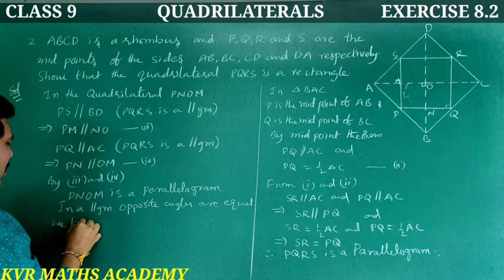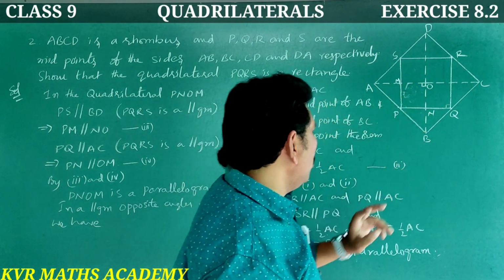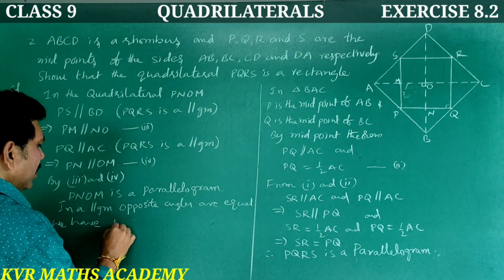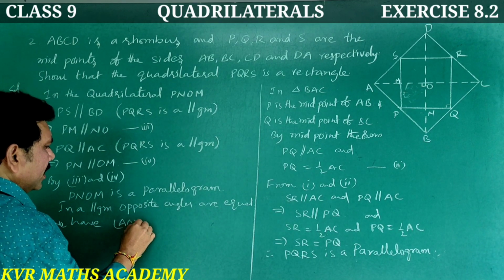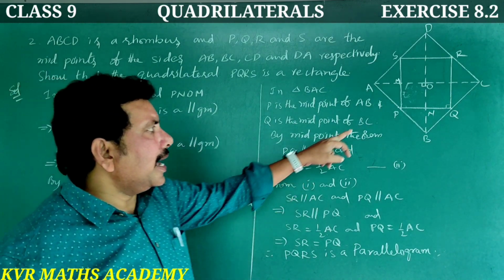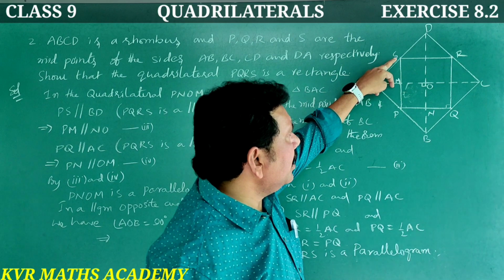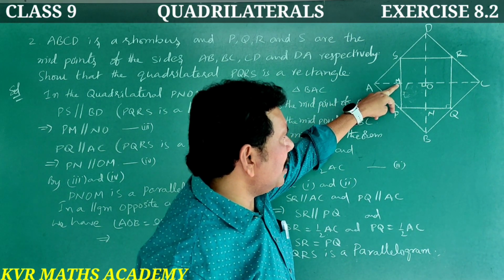We have angle AOB is equal to 90 degrees. So that implies angle MPN, first ఇందులో ఇది మాత్రమే తీసుకుంది.